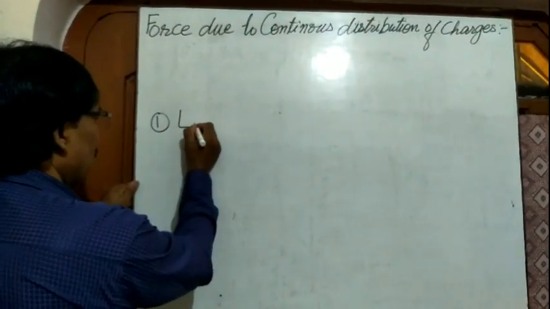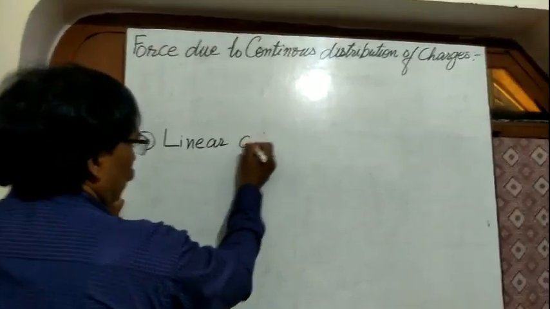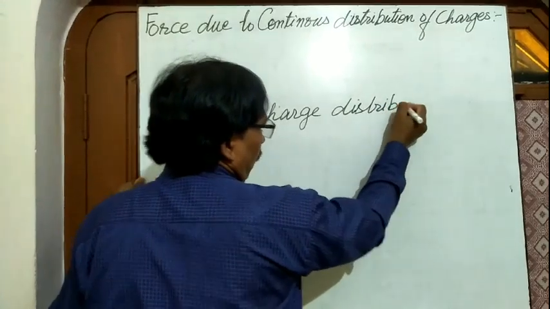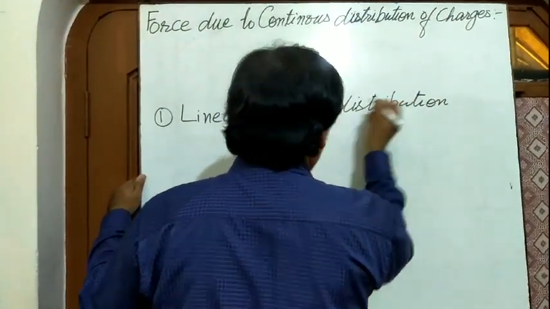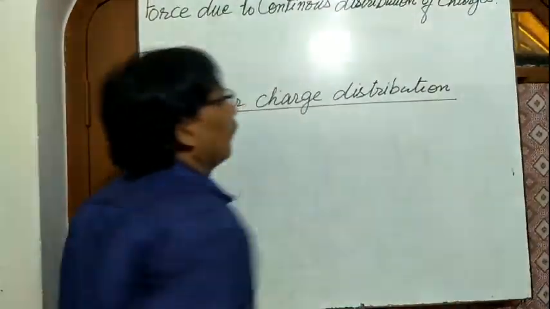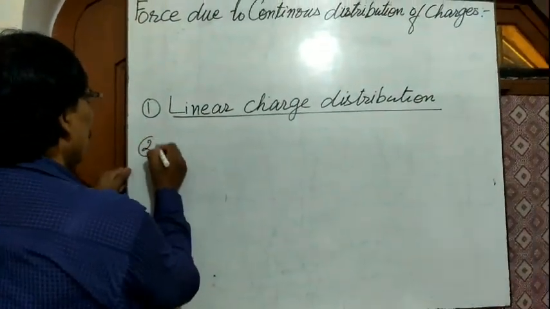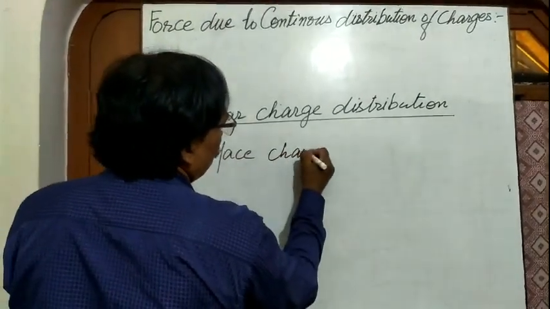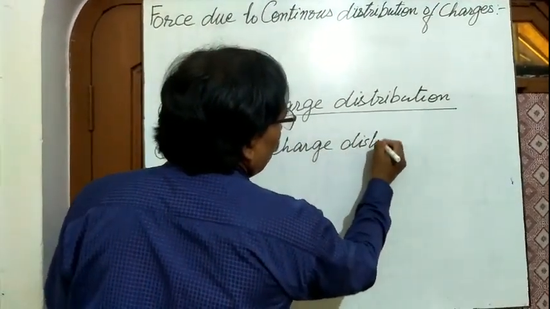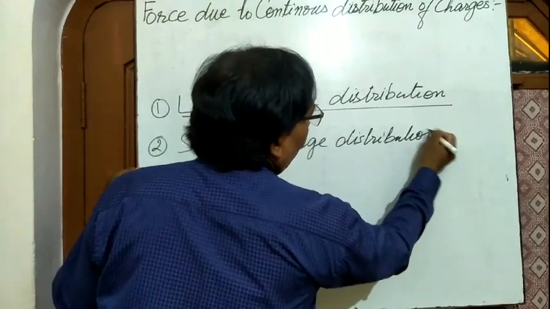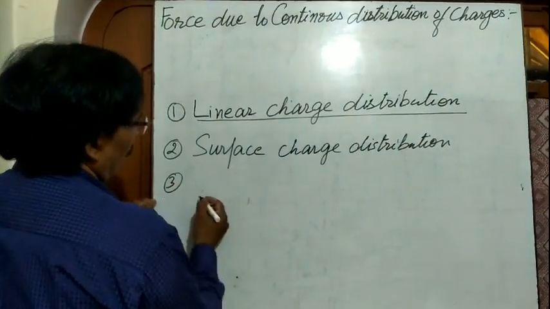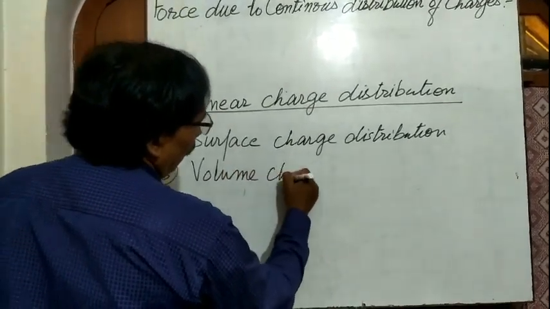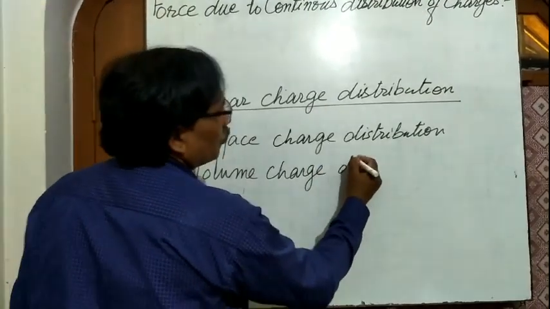Number one, linear charge distribution. Number two, surface charge distribution. Number three, volume charge distribution.